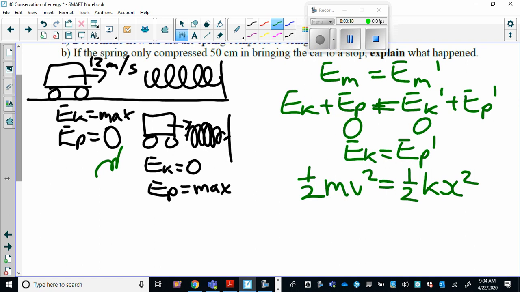Well, this is a different example. Clearly, if the car had a greater mass, if the car was greater than 212 grams, it would compress the spring more. So the mass is quite relevant in this problem. We're solving for x, the amount that it compresses. So the halves cancel out.